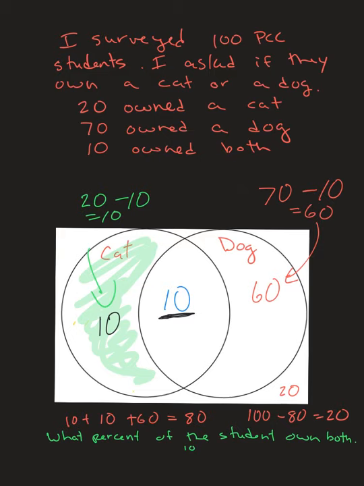Sorry, I didn't leave much room here. 10 out of 100. So in our calculator, we do 10 divided by 100, and that gives us the decimal 0.1. And to change that to a percent, we move 2 decimal places. So that would be 10%.